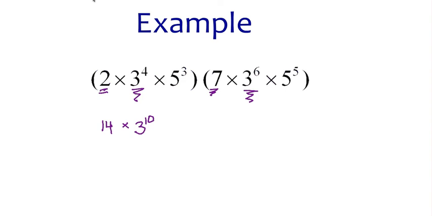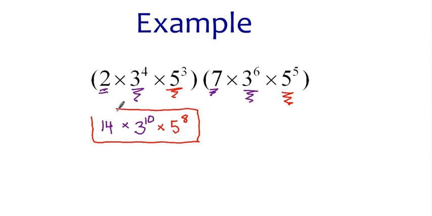And lastly, 3 factors of 5 multiplied by 5 factors of 5 is altogether 8 factors of 5. So there is a more compact and simplified version of the original expression. These should have exactly the same value. And isn't that helpful to be able to write that in a simpler form?